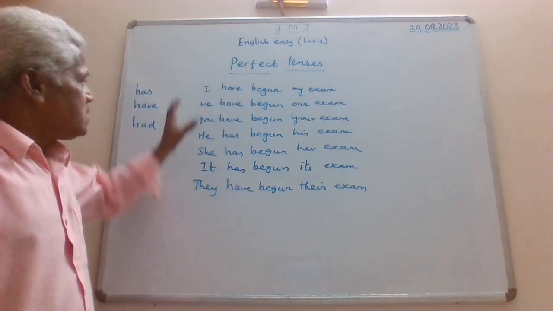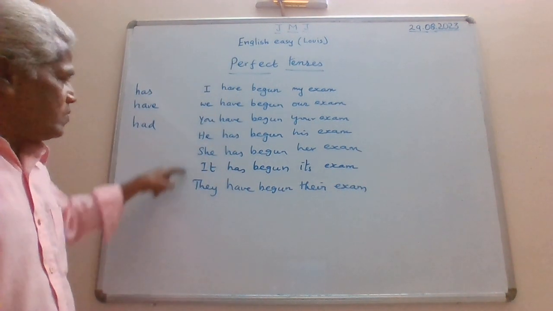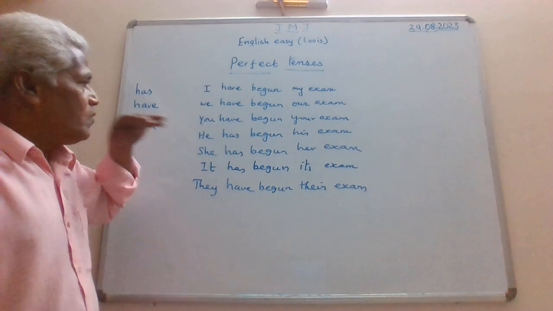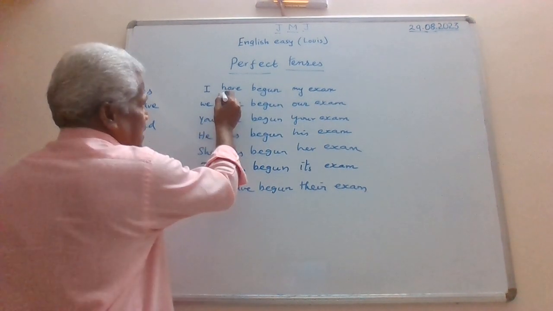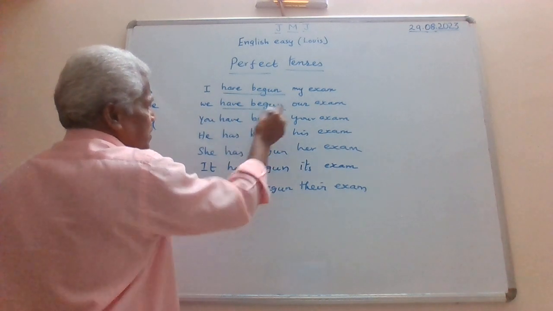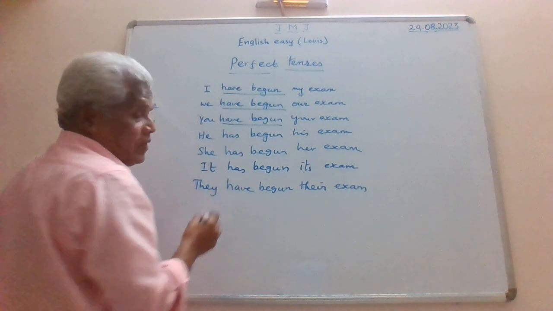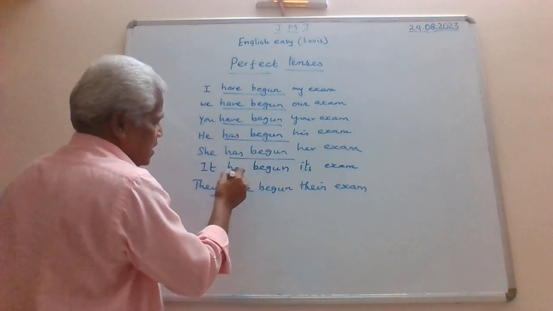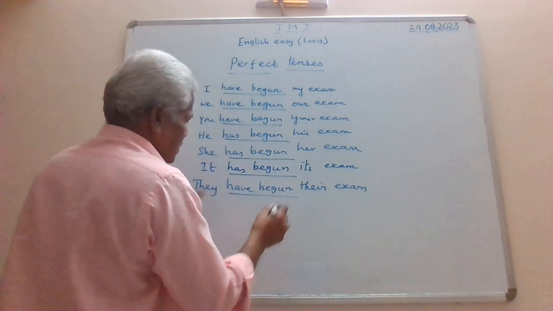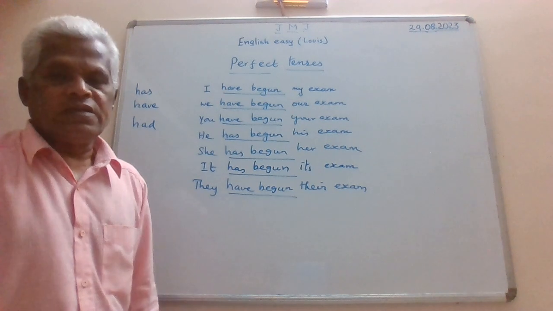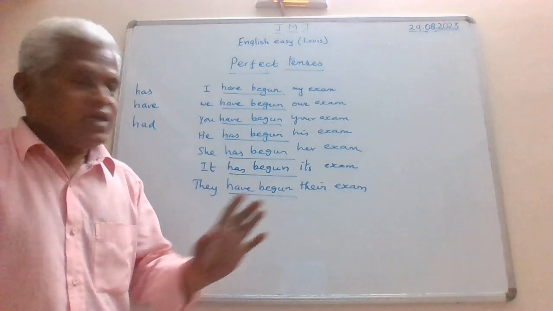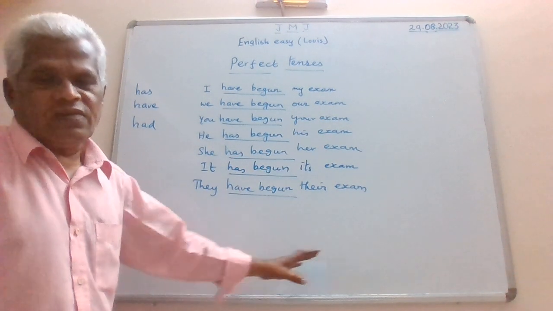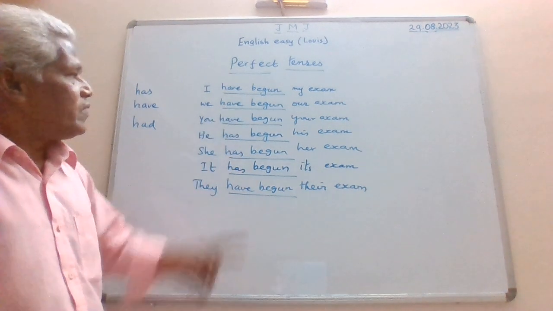Now these are the subjective pronouns I have written here, and the verb here. Look at the verb: have begun, have begun, have begun. But when it comes to third person singular, has begun, and has begun. Again you have begun. So what is the formation of verb that you can think of for the present perfect tense?